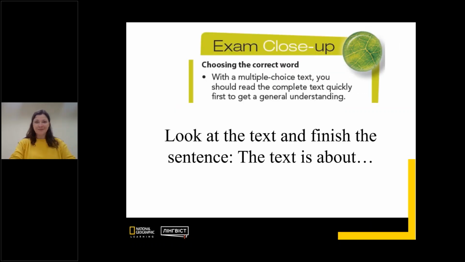Well done. So, from what you've seen, please write in the comment where you can see this question mark on your screen. Finish the sentence. The text is about. Super. I've already had the first answer.